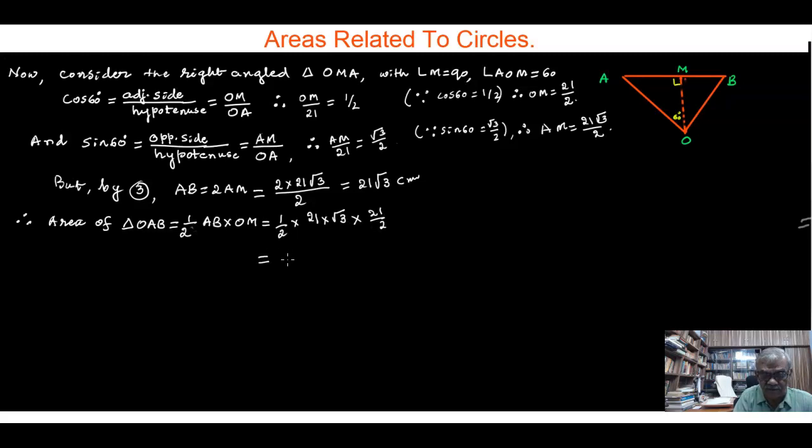After simplifying this, we will get 441 by 4 into root 3 square centimeter.